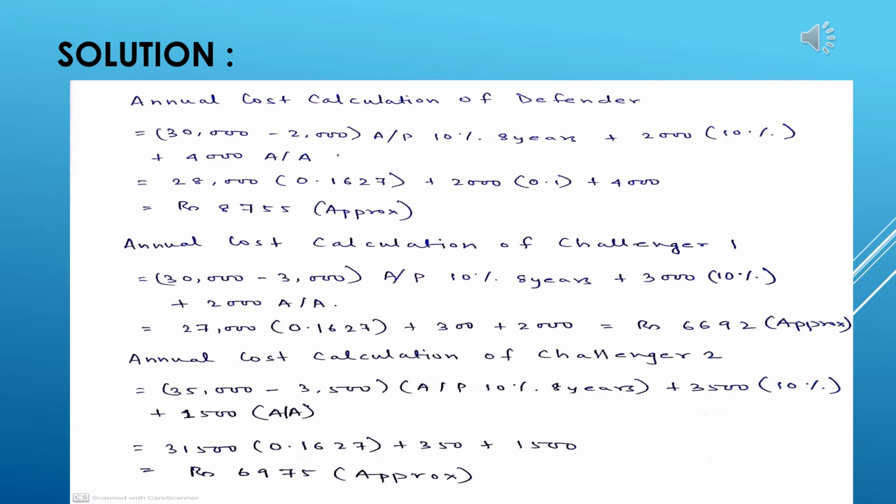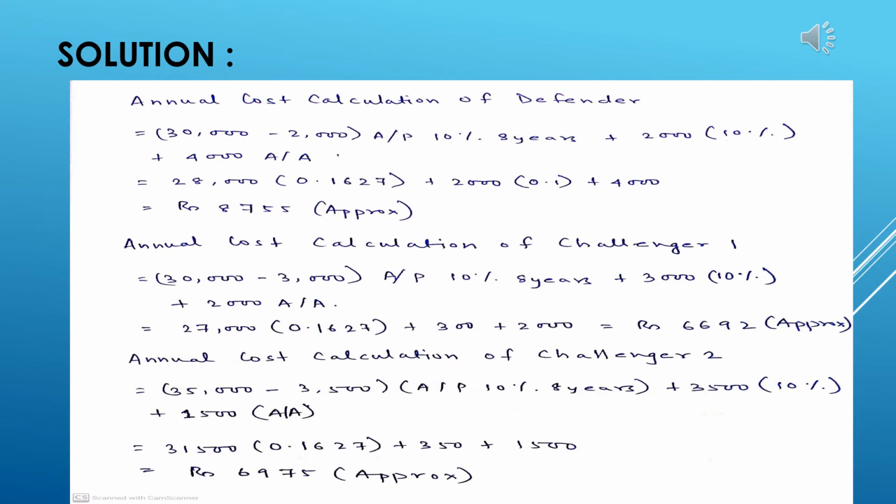We can take it as a negative value and transfer it from future worth back into annual worth, taking i and n into consideration. This is method number 1.